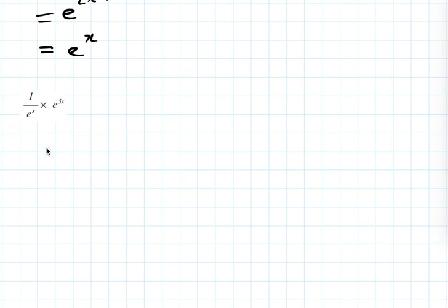1 over e^x times 3 to the power of x. Remember, I was talking earlier about 1 over x squared being the same as x to the power of negative 2. You can use that formula here. So e to the power of negative x times e to the power of 3x.